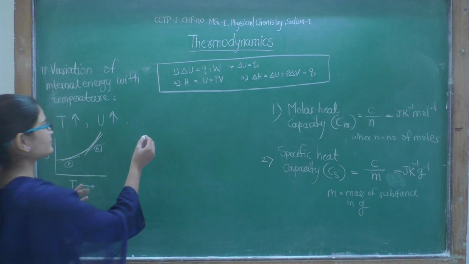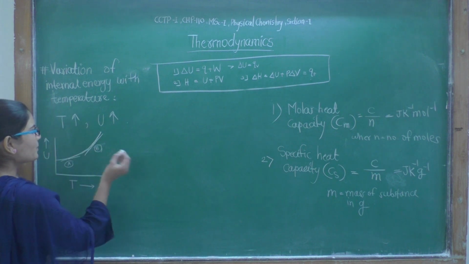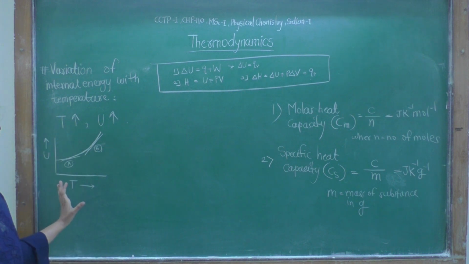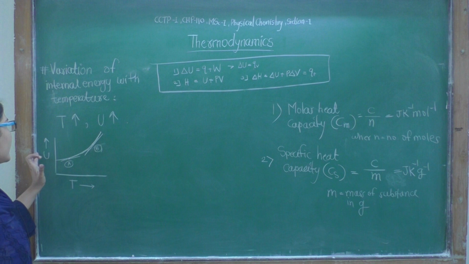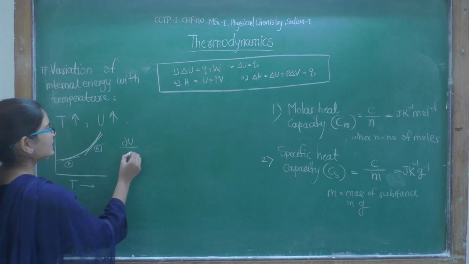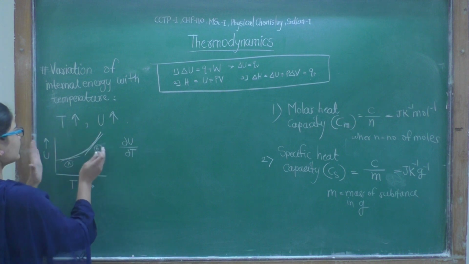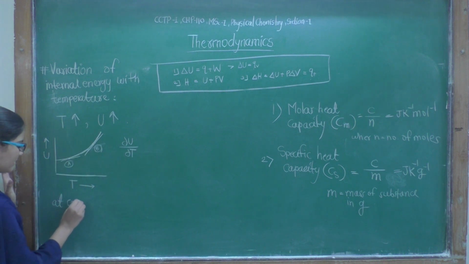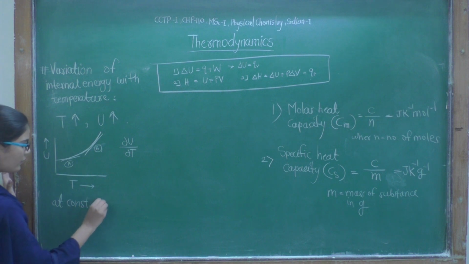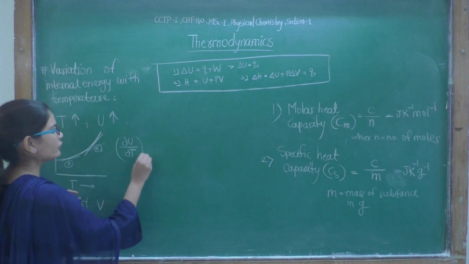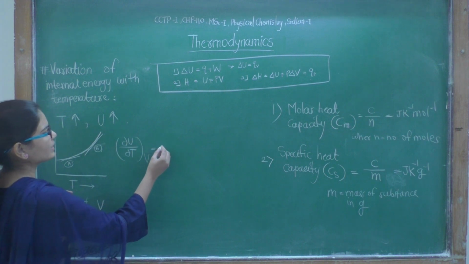How? Let's see. What will be its slope mathematically? Slope is y2 minus y1 upon x2 minus x1. So delta U, that is, ∂U by ∂T. But see, this is at constant volume, okay? At constant volume. Therefore, ∂U by ∂T at constant volume will be the slope.